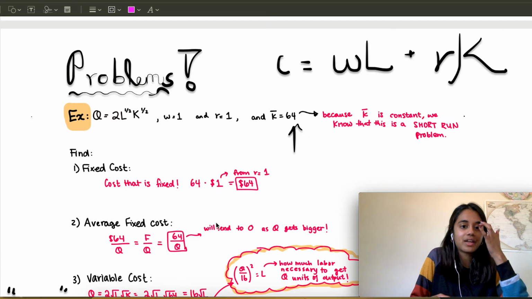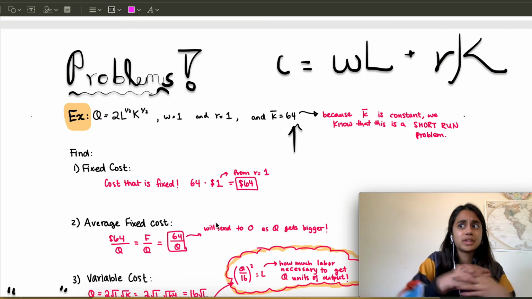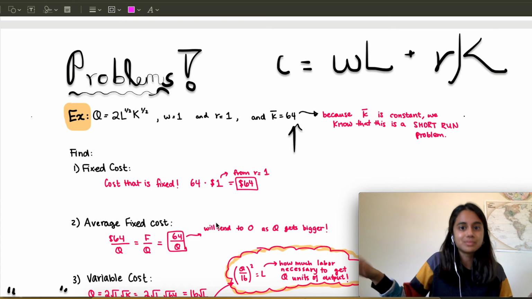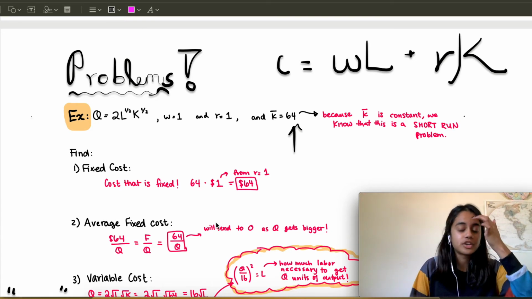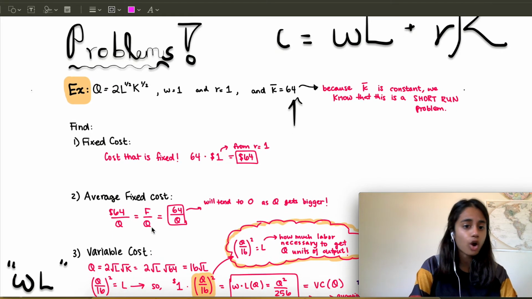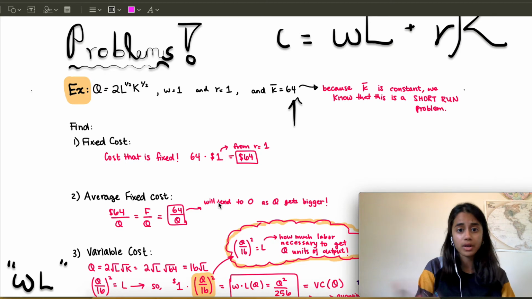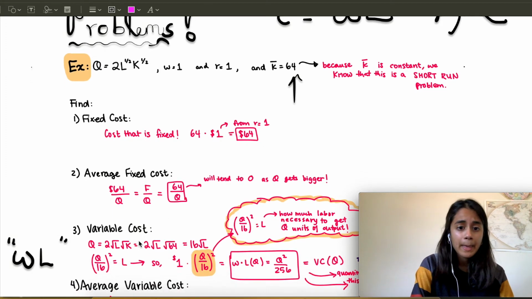If you're distributing the $10 amongst 10 people, that's $1 each. It keeps decreasing as you increase the output, as you increase the quantity. So whenever it asks for average fixed cost, you just divide by the quantity. Here the quantity is not known, so you just do 64 divided by quantity.